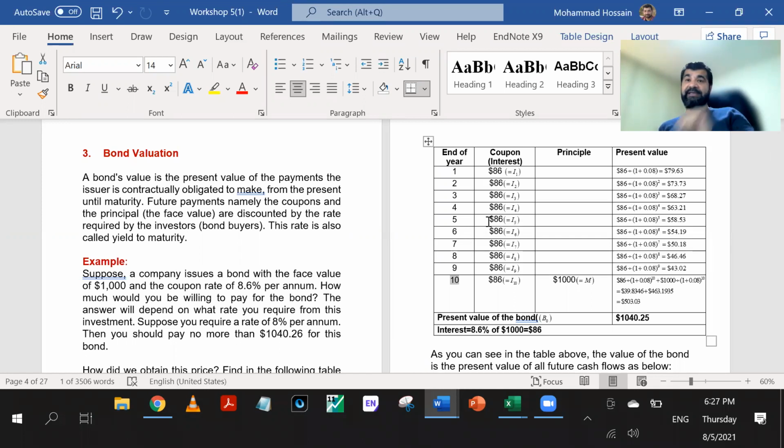Now the problem is, this is 2021, this is 2022, this is 2023. These years.